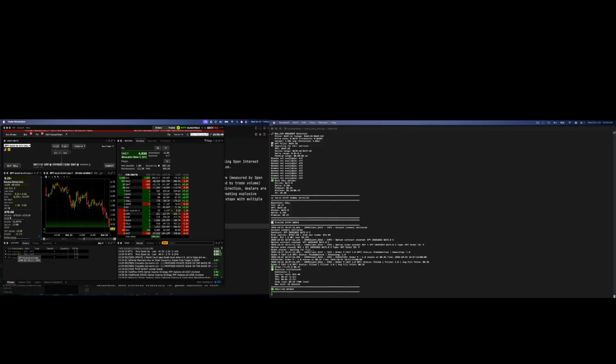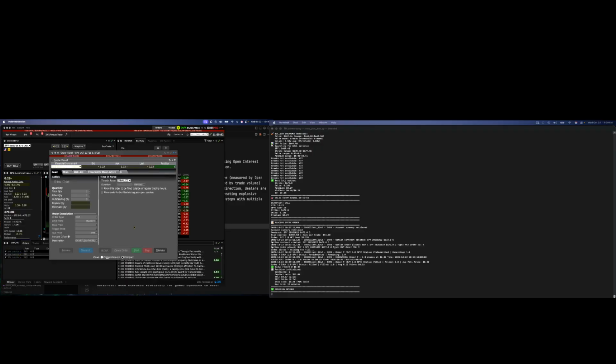So where do we buy? We bought at 30. Where do we buy? We bought at 29. We bought at 29. So here's the position. Let's look at the position.